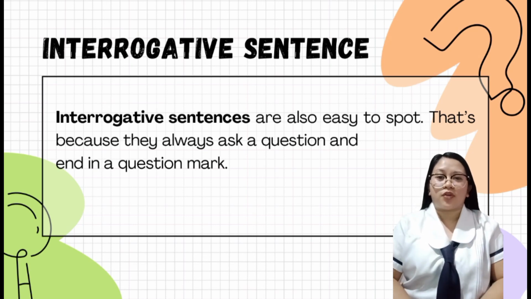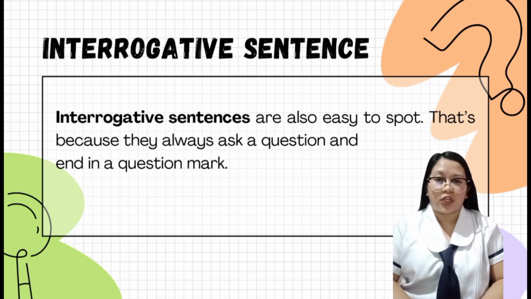When we say interrogative sentences, these are easy to spot. That's because they always ask a question and end in a question mark. Now, declarative sentences are the opposite of interrogative sentences.